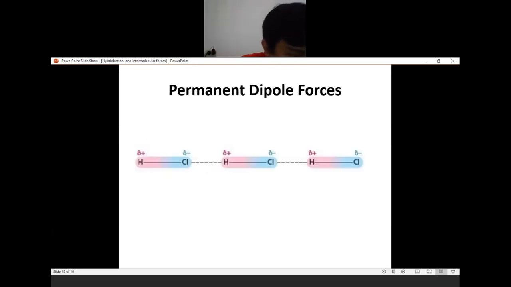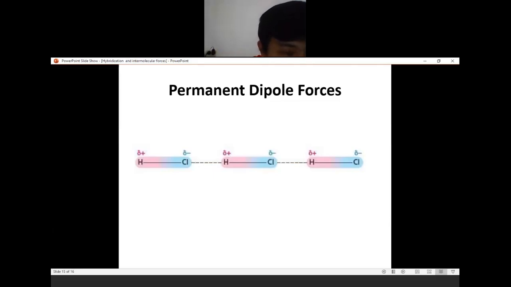And then permanent dipole forces. Permanent dipole forces occur in a molecule that has a difference in electronegativity. An example is between hydrogen and chlorine. Hydrogen is positive and chlorine is an electronegative element. It forms a negative dipole.